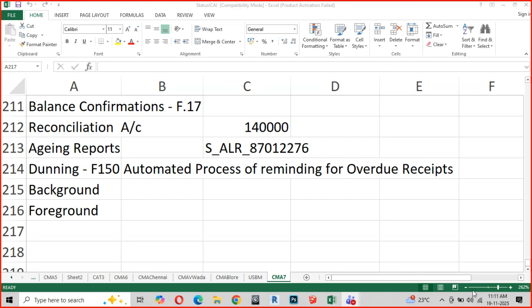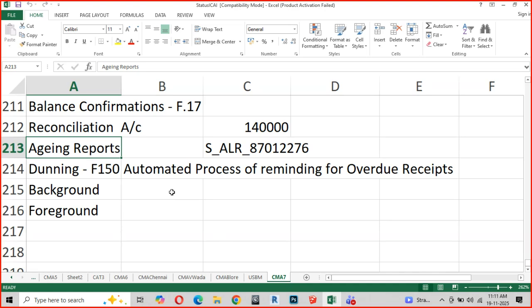This helps us, and we also saw the aging reports, where we classify our debtors by how old they are. We classified them into something called buckets, identifying how old each particular receivable is.